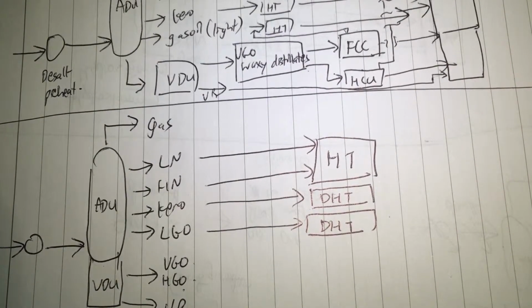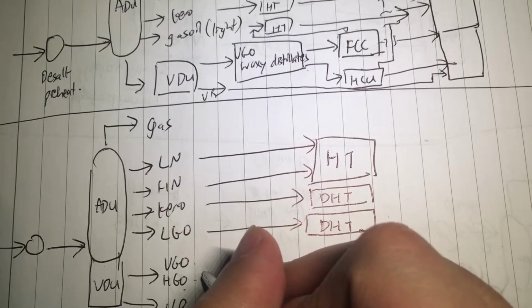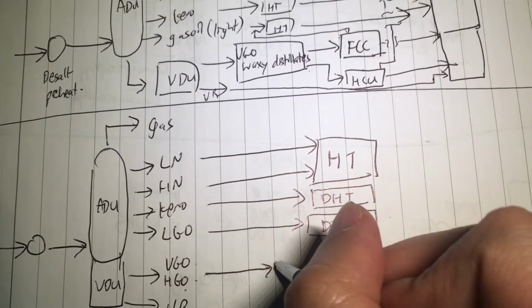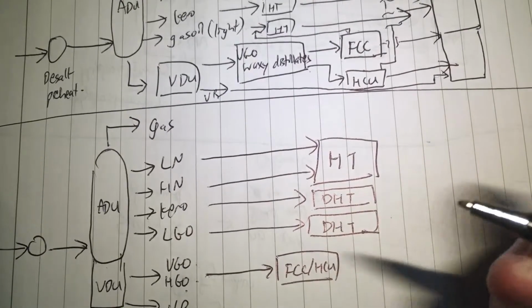No reason why I want to name them differently, except just to expose you to the different kinds of names you might come across online. It's all pretty much the same stuff. Okay, so it's vacuum gas oil, heavy gas oil. You can send into the FCC, HCU, hydrocracking unit.